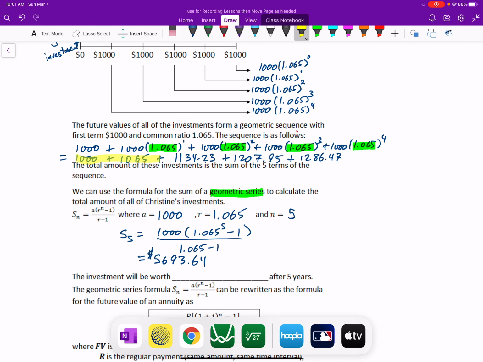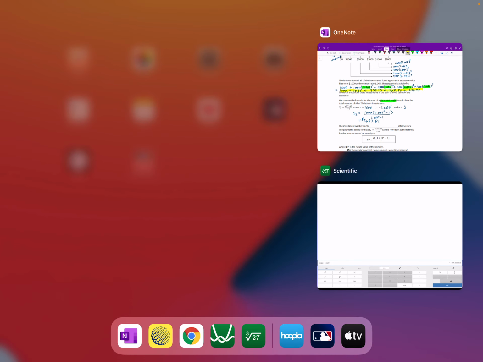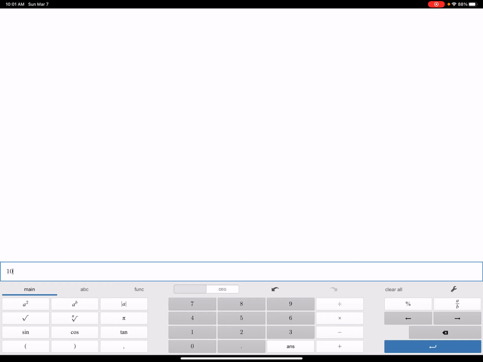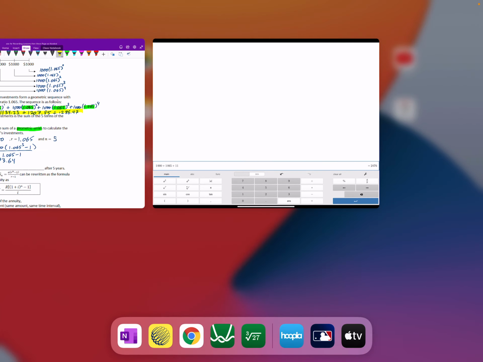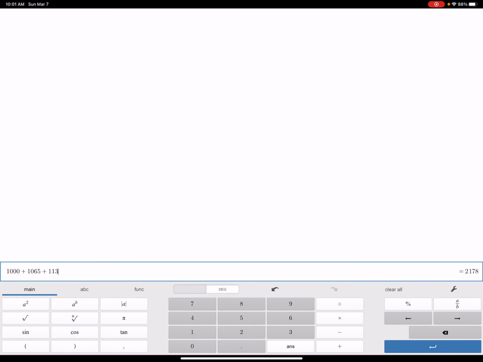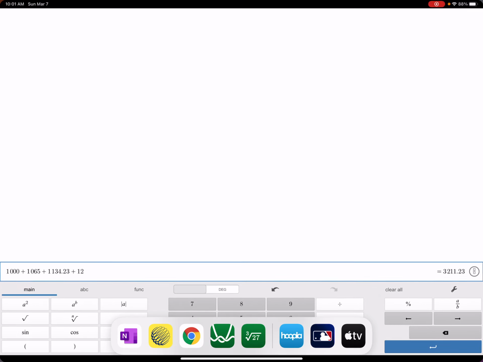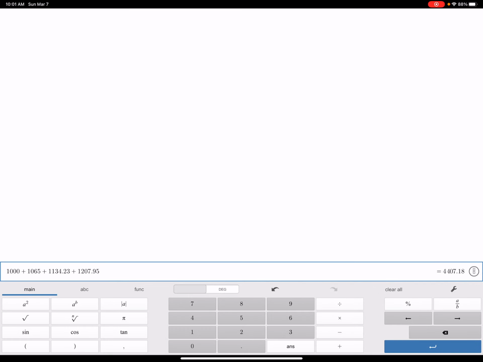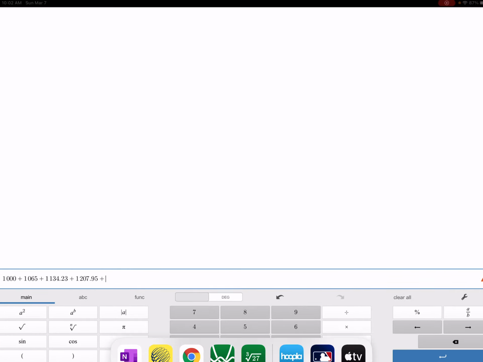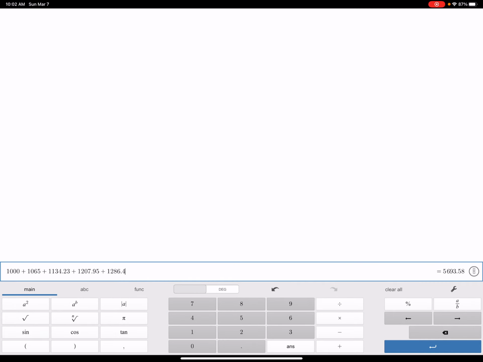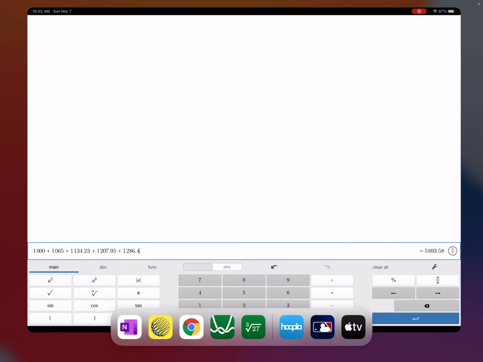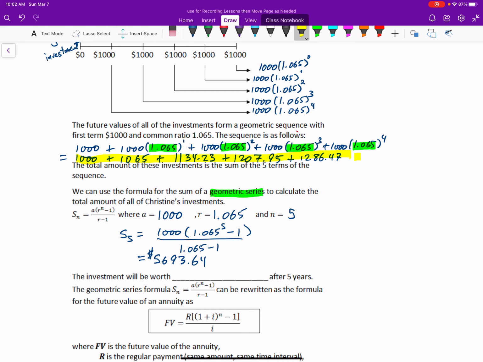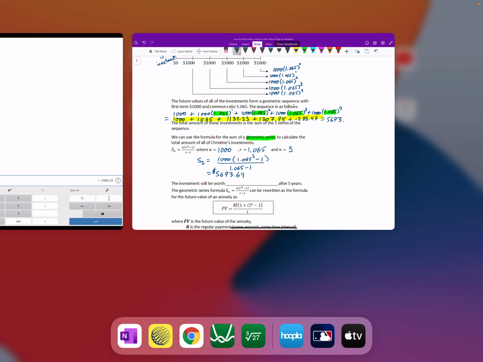So if I take all of these and add them together, 1,000 plus 1,065 plus 1,134.23 plus 1,207.95 plus 1,286.47, I got $5,693 and 58 cents.